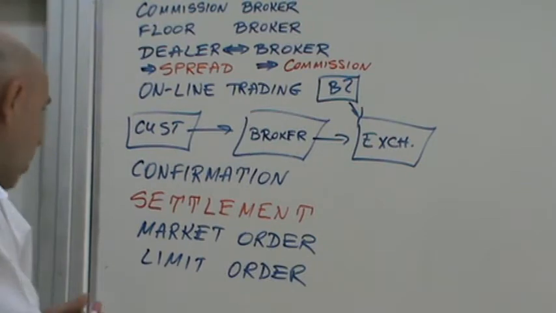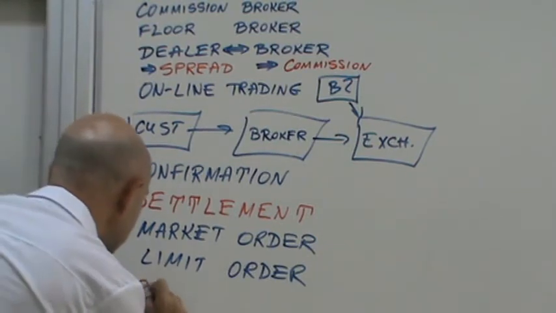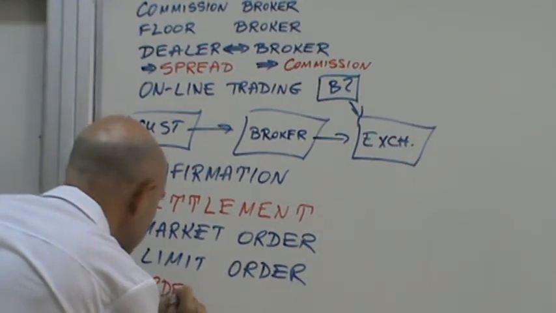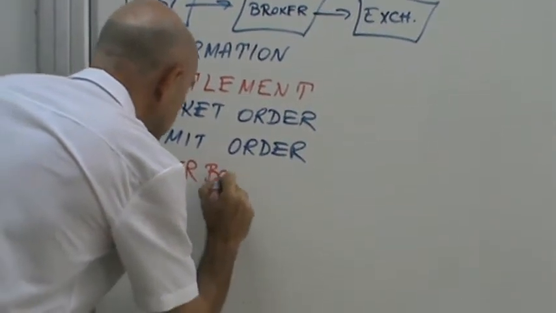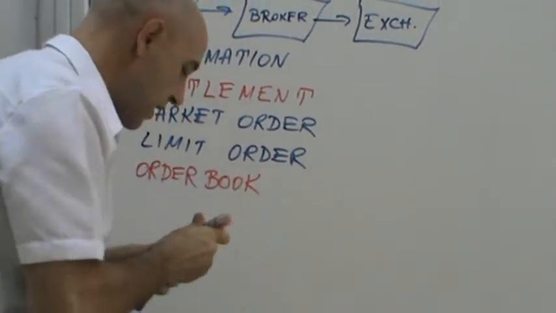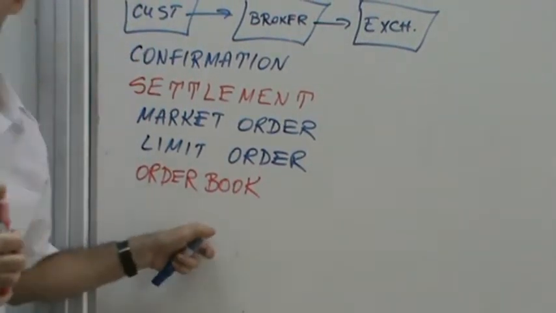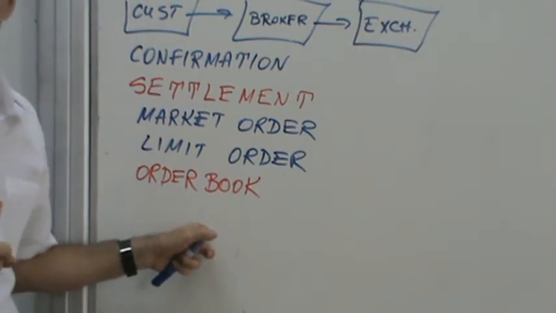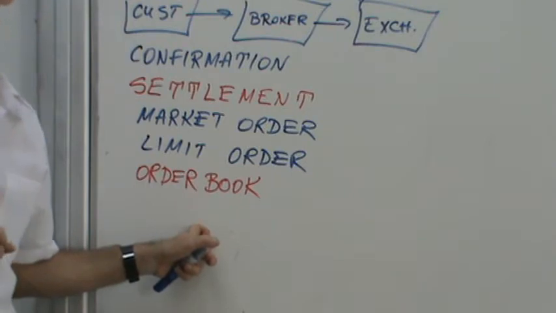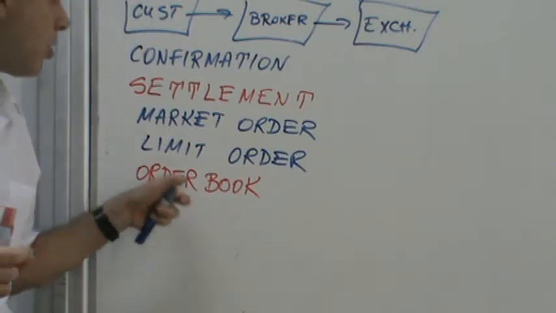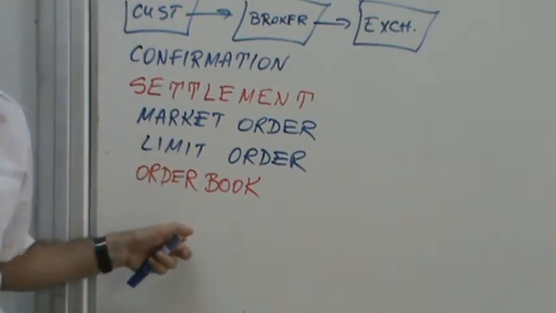Next thing is called an order book. It is a book with the market specialist at the trading post that keeps all limit orders.